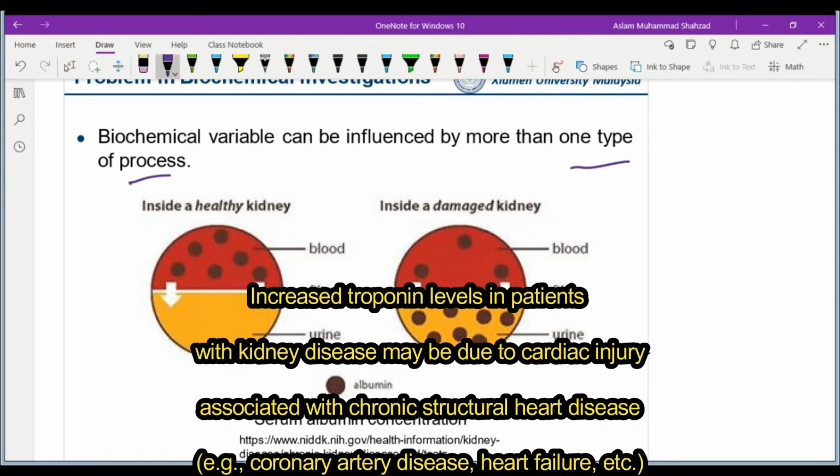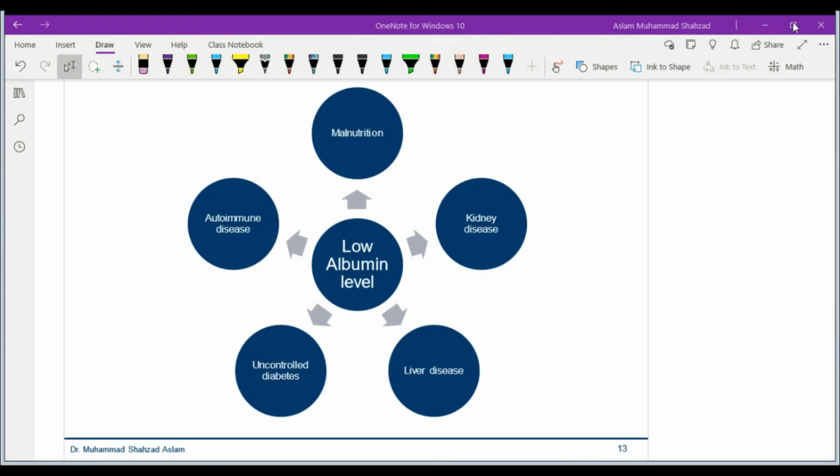In the healthy kidney, we can see the difference in the filtration process. This is a normal healthy kidney, where in the urine there is no proteinuria, there is no protein, whereas in the damaged kidney we have an excess of protein inside, and the filtration is not going normally. For example, in different diseases like kidney disease, malnutrition, autoimmune disease, uncontrolled diabetes and liver disease, these all result in low albumin level.